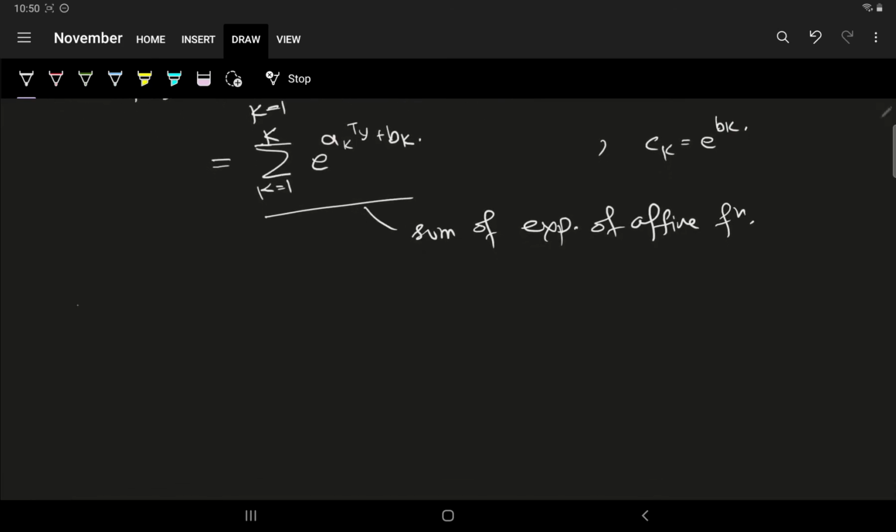So we can write like this in terms of the new variables. We have not changed anything as of now.